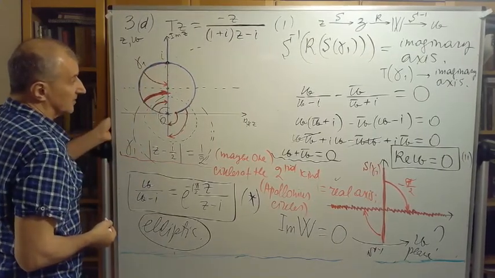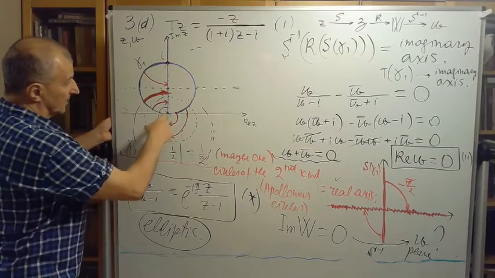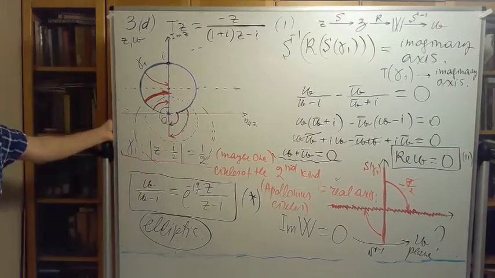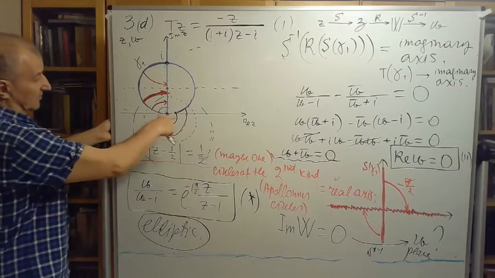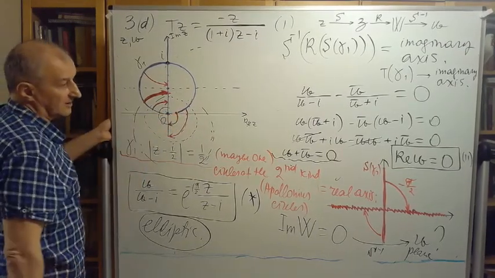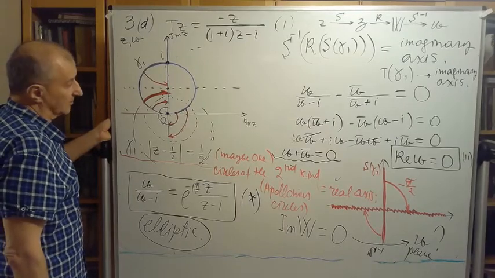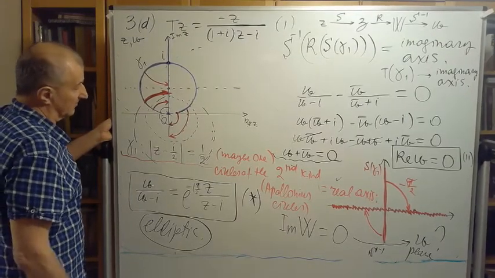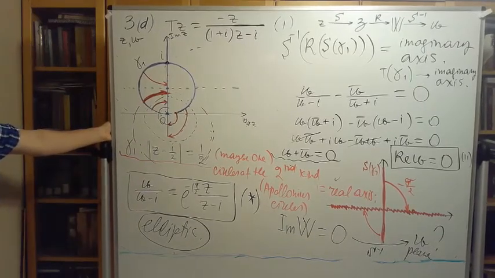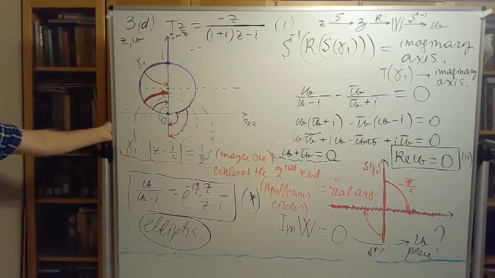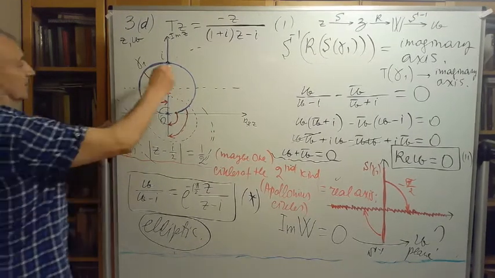Remember, infinity is sitting in the north pole and 0 is sitting in the south pole. So the rotation that is seen from the south pole counterclockwise, the negative direction, from the north pole, from the infinitely removed point, will look clockwise. So it must be something like this. It must be something like this.